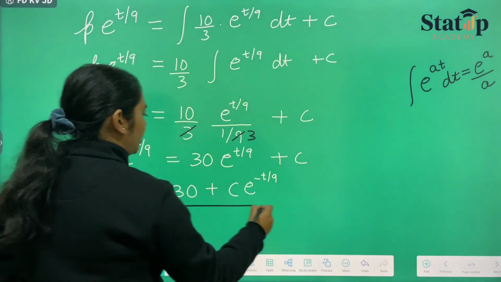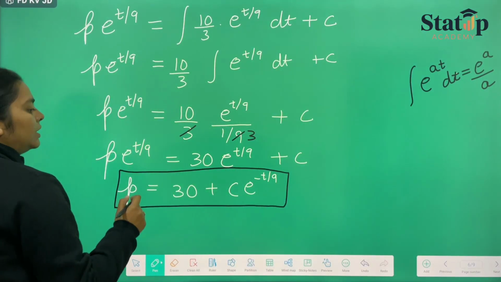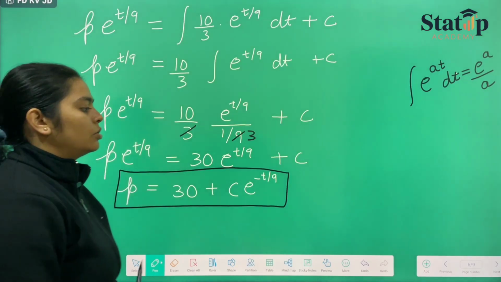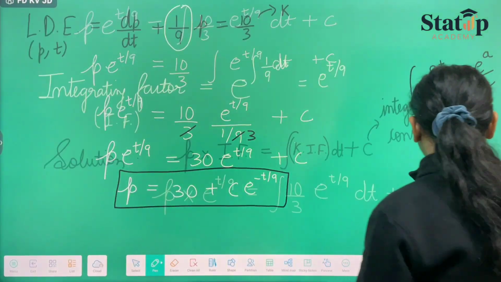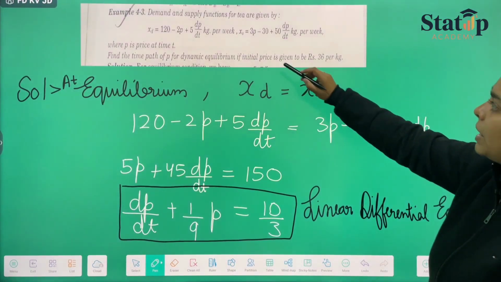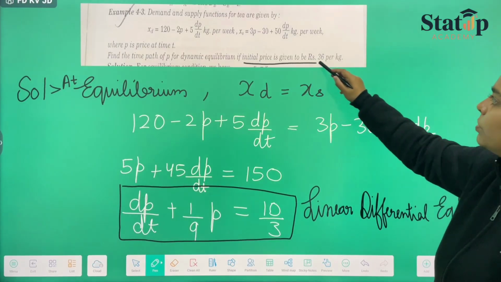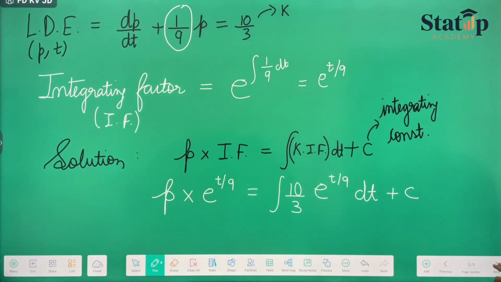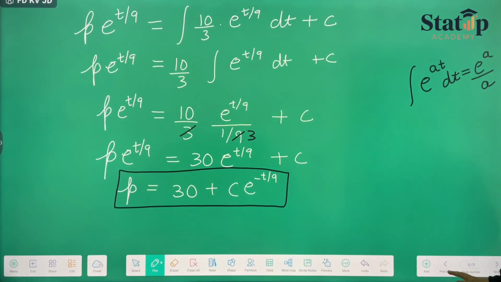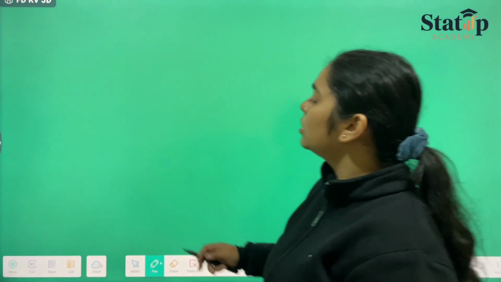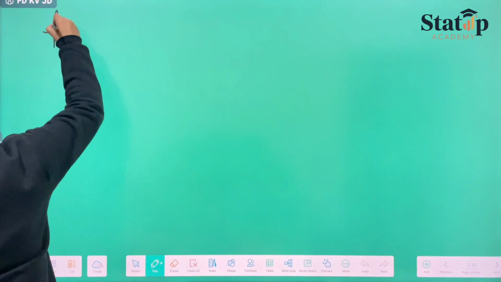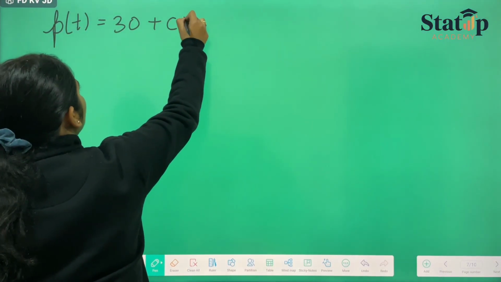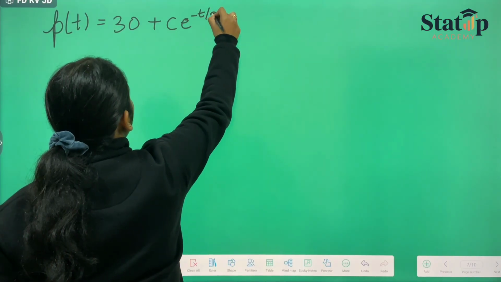So this becomes our time path. But the time path is incomplete because one constant is there, c. So the question stated that the initial price is given to be rupees 36 per kg. So initial means at time 0, the price is 36 rupees per kg. So pt is equals to 30 plus c e raised to the power minus t by 9.